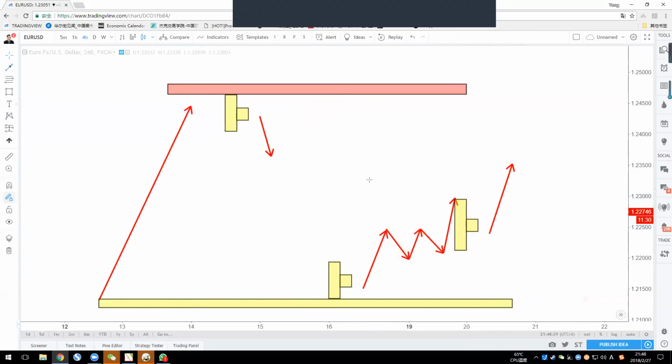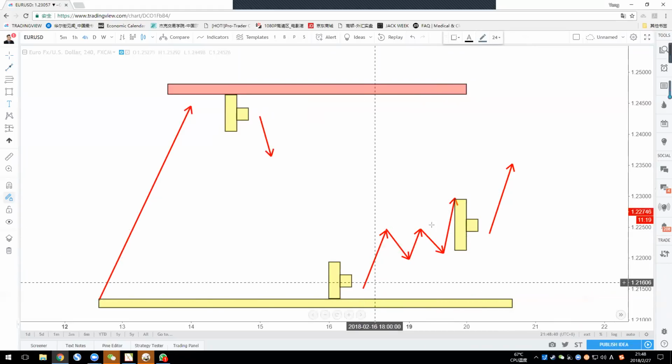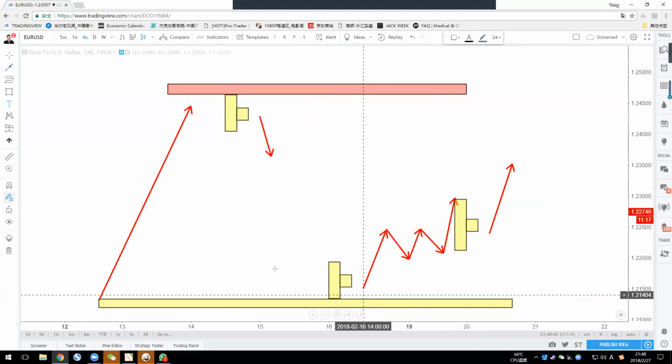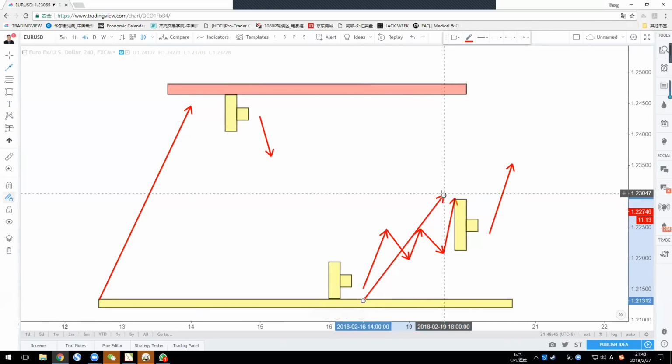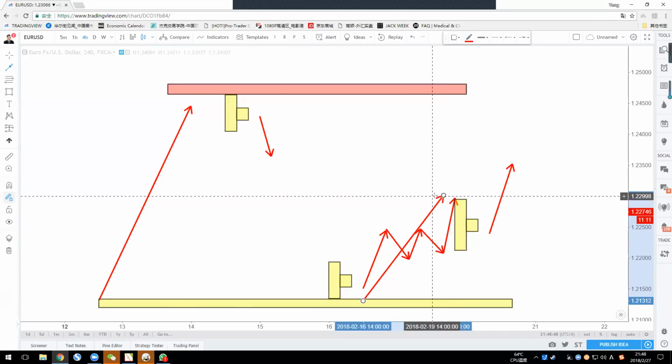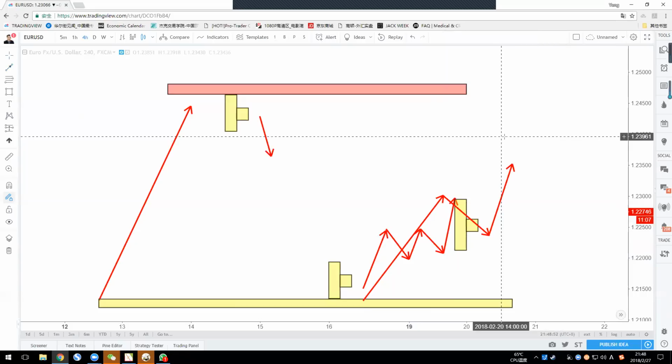Because if the inside bar occurs not at the high, neither at the low, okay, it occurred in the middle, you should follow the trend. Previously this was an uptrend; if the trend is up and an inside bar comes, you take the breaks up.